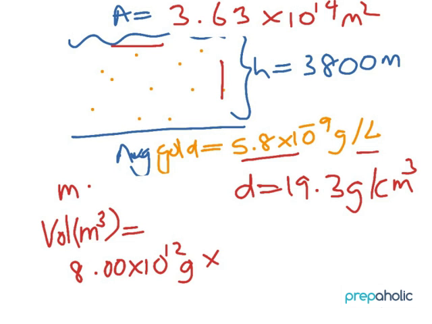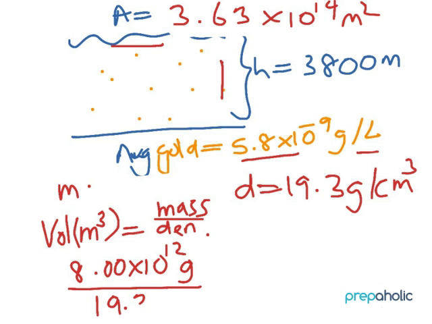So we just need to multiply this. Sorry, not multiply, my bad. So divide this by the density. So this is mass divided by density. So 19.3 grams per liter. So not grams per liter, grams per cubic centimeter. So the answer we get from here is going to be in cubic centimeters.